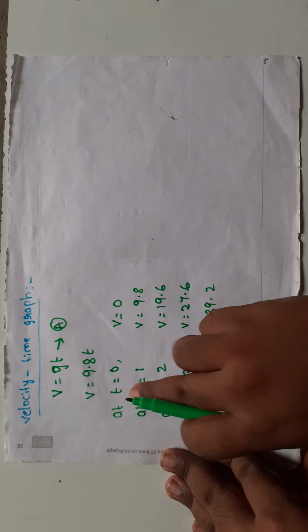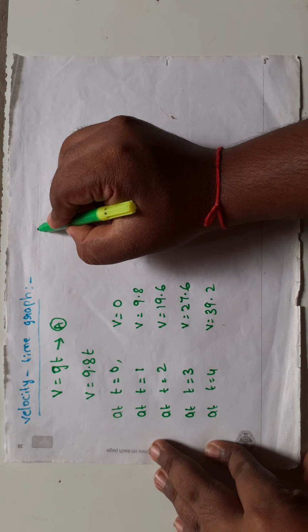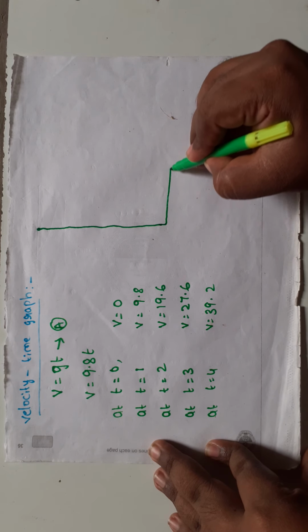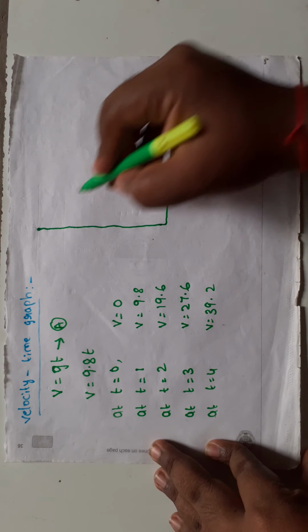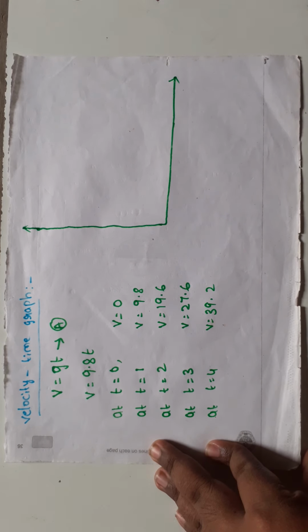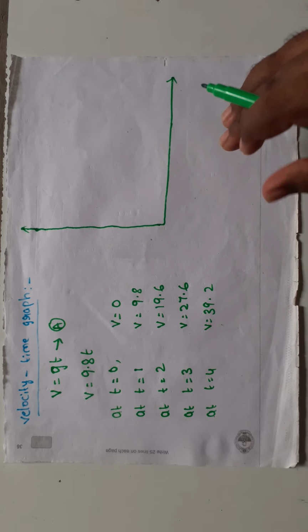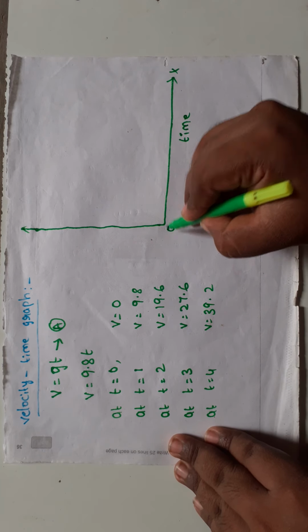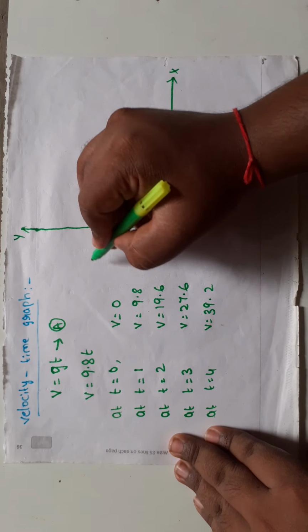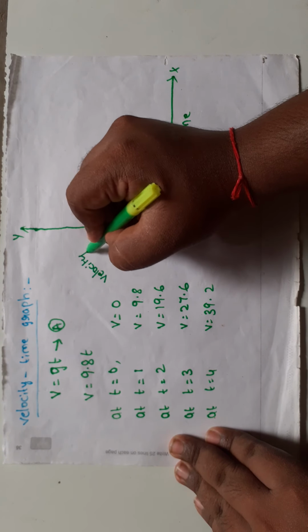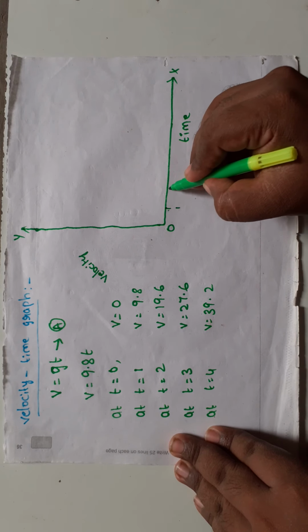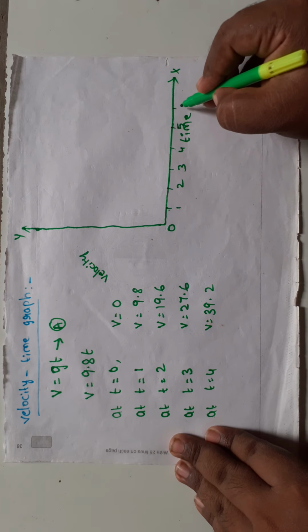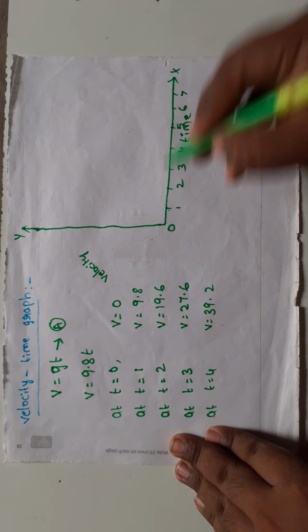I am making the graph t versus v. Along the x-axis I am taking the time, along the y-axis I am taking the velocity. So 0, 1 second, 2 second, 3 second, 4 second, 5 second, 6 second, 7 second.